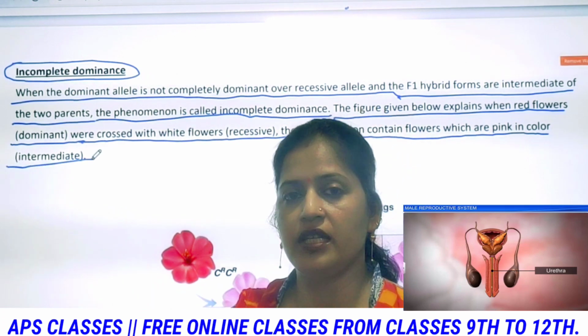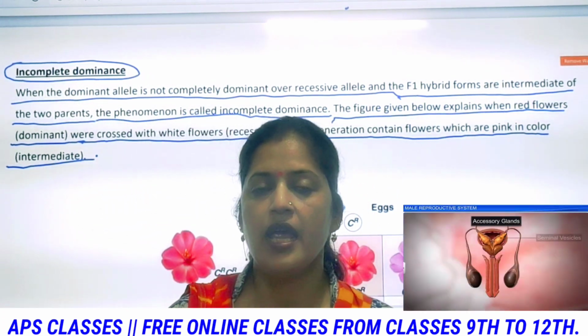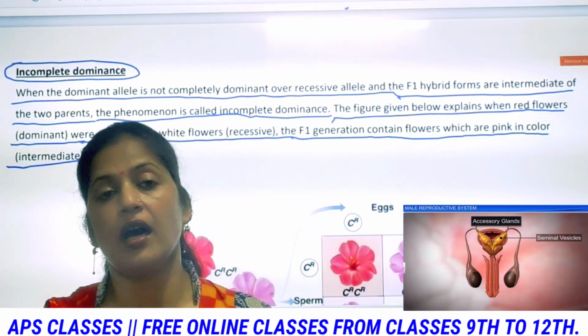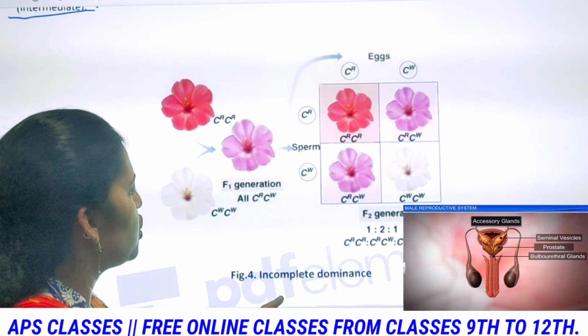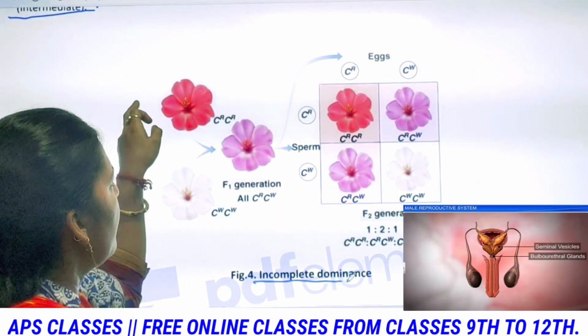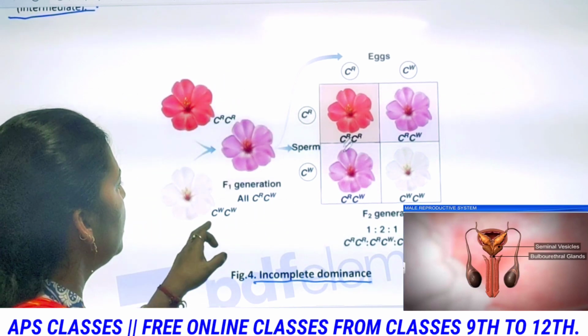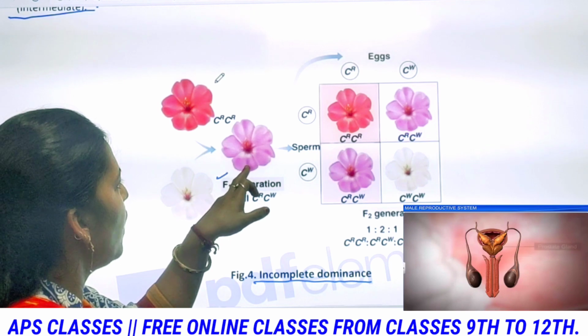They are intermediate between the red flowers as well as the white flowers. So this is the diagrammatic representation of incomplete dominance.